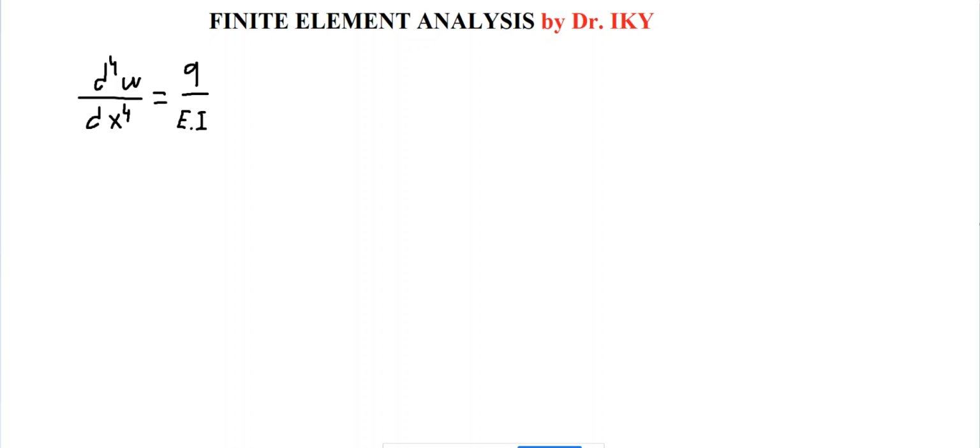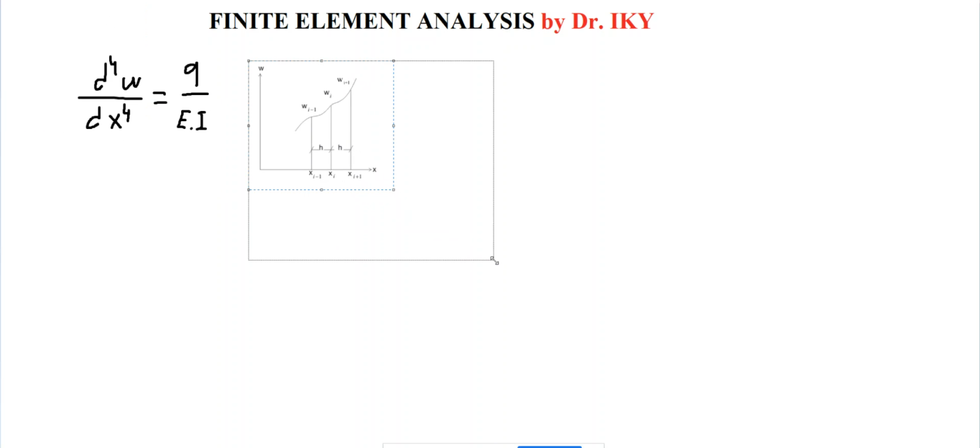And we try to draw the displacement function. Instead of drawing, let me put up a figure. So the function omega is equal to f(x) can be figurized in this way.